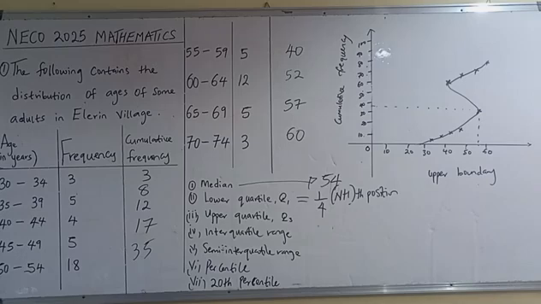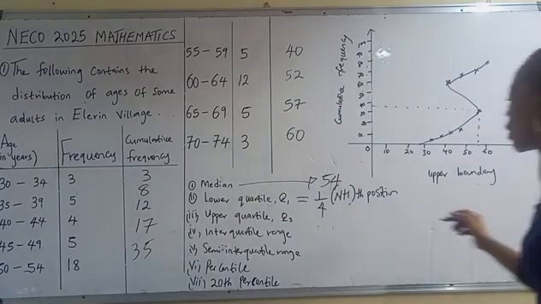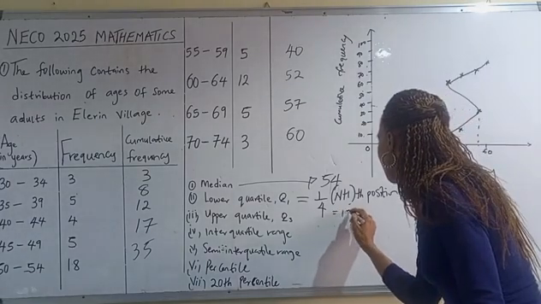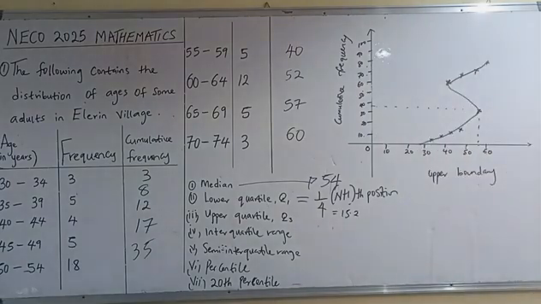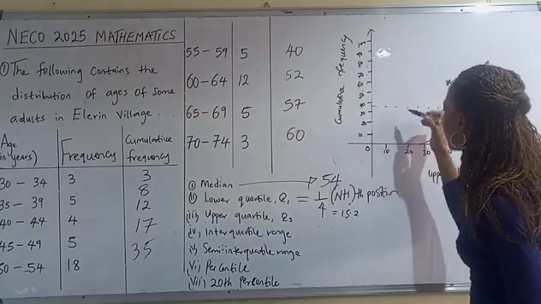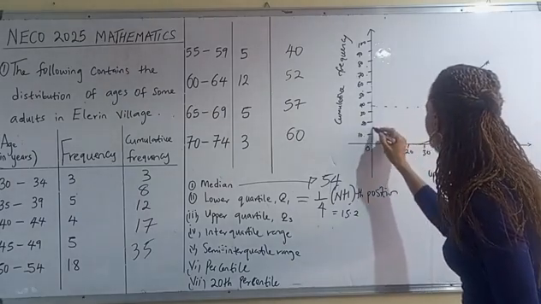So 60 plus 1, that's 61/4. That will give us 15 point something position. Not this 15.2 is not the final answer. You have to locate the position and trace it. The 15th is around here.